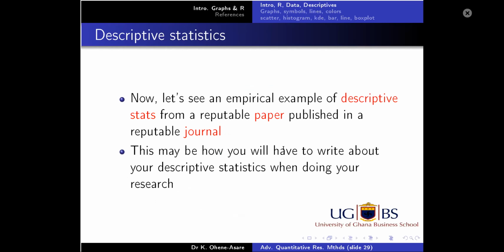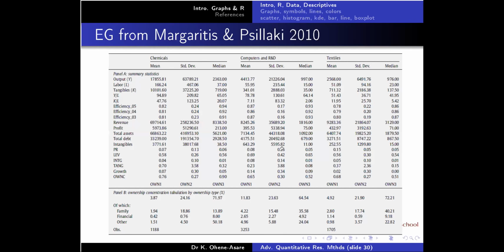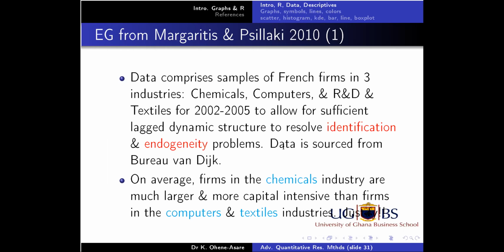Now let me show you empirical work, published papers in journals, which tells you clearly how these things are done. This is a paper from Margaritis and Psillaki, published in the Journal of Banking and Finance. It is a very good paper.